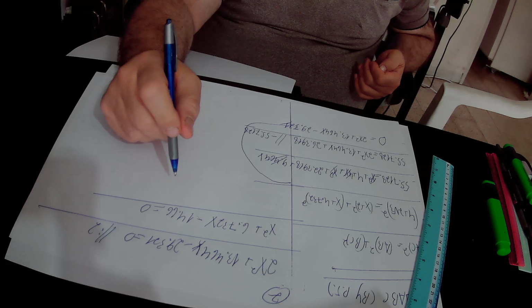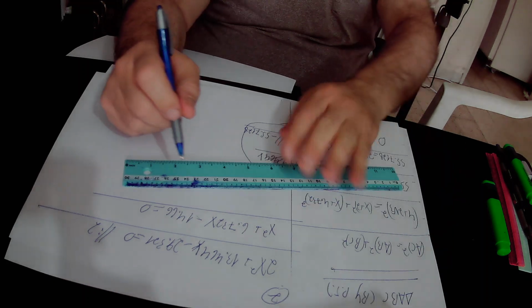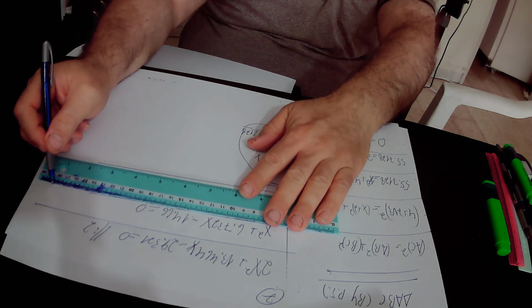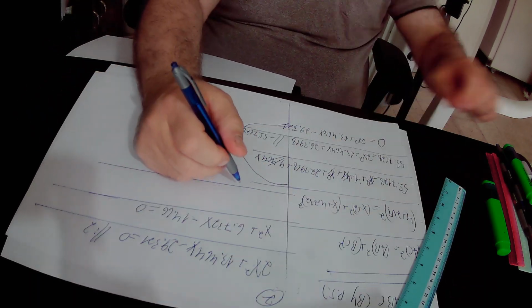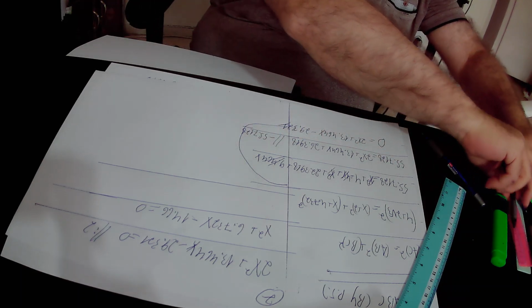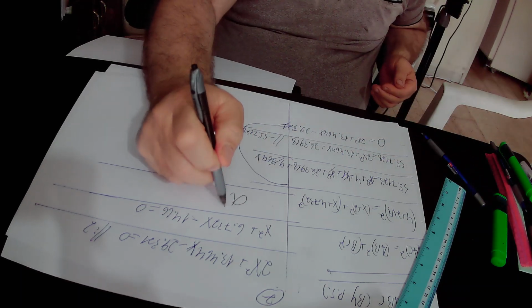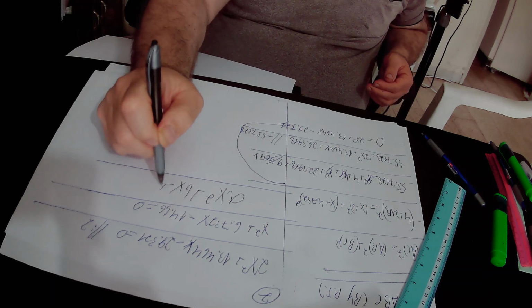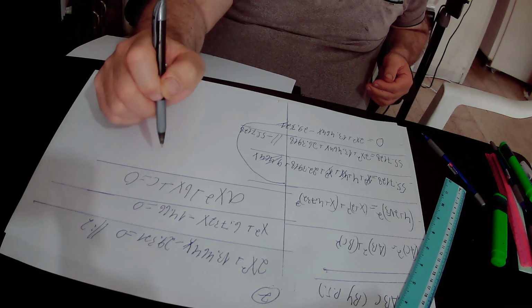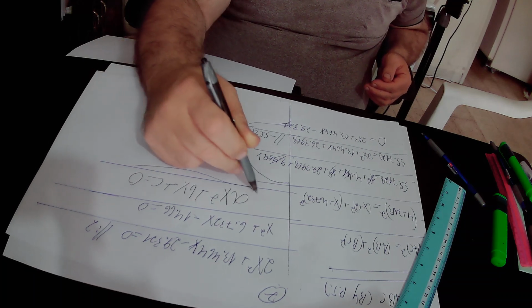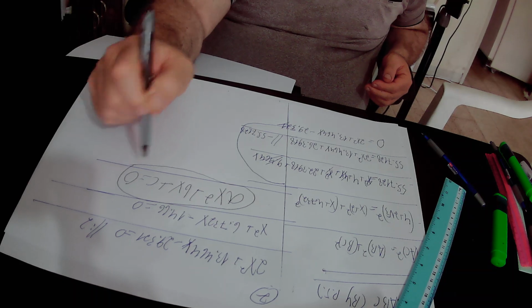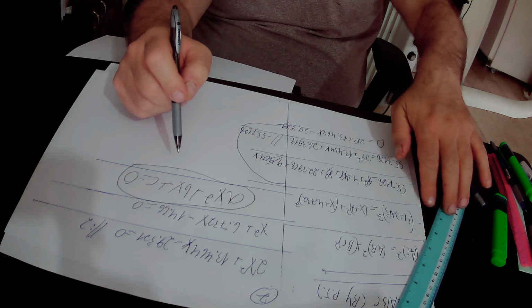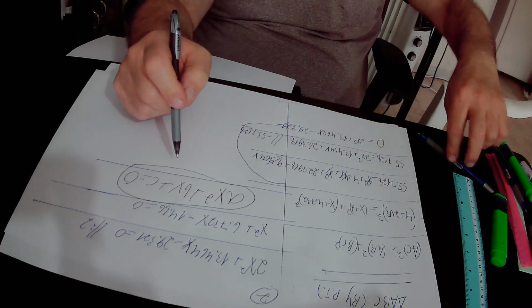This is a quadratic equation, and the general formula for a quadratic equation is ax squared plus bx plus c equals to 0. In this general formula, a, b, and c are the coefficients of this quadratic equation, and x is the variable that we are looking for.